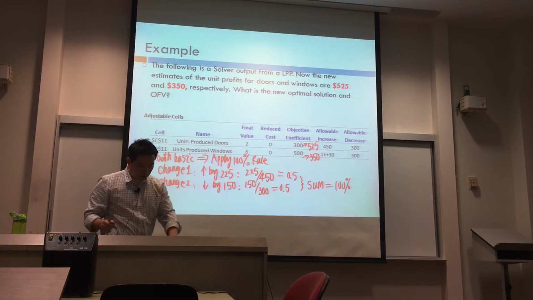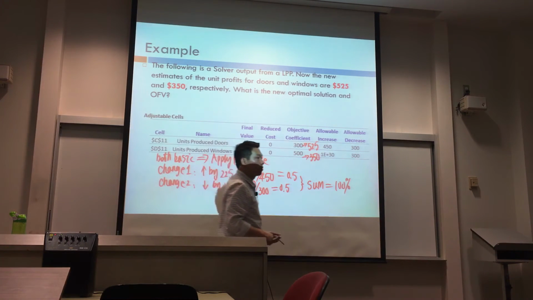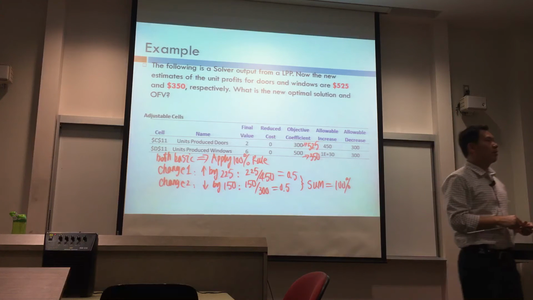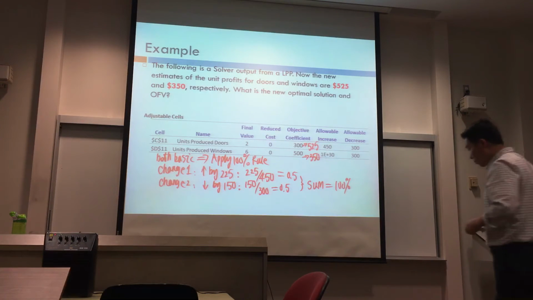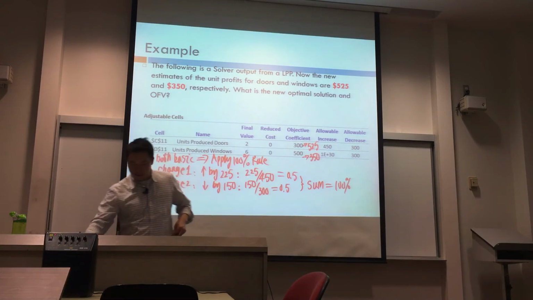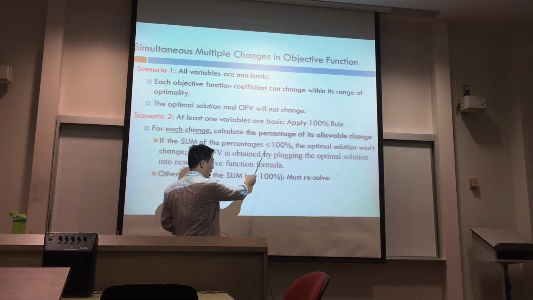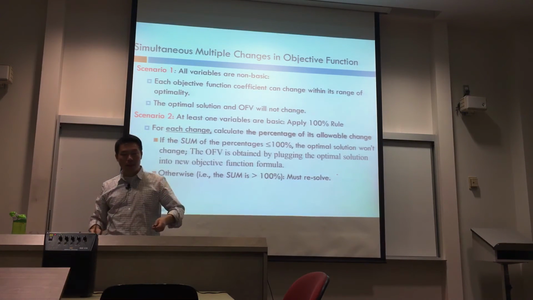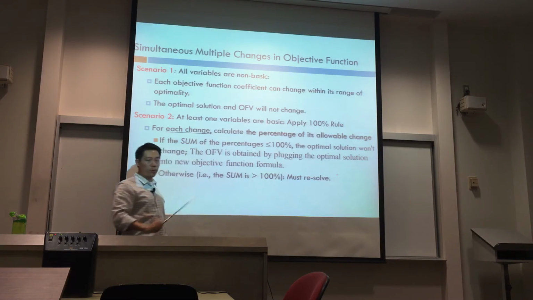Now, will the optimal solution change? That's right, it doesn't, because the rule says 100% or less, there's no change. If it's strictly larger than 100%, there will be change.